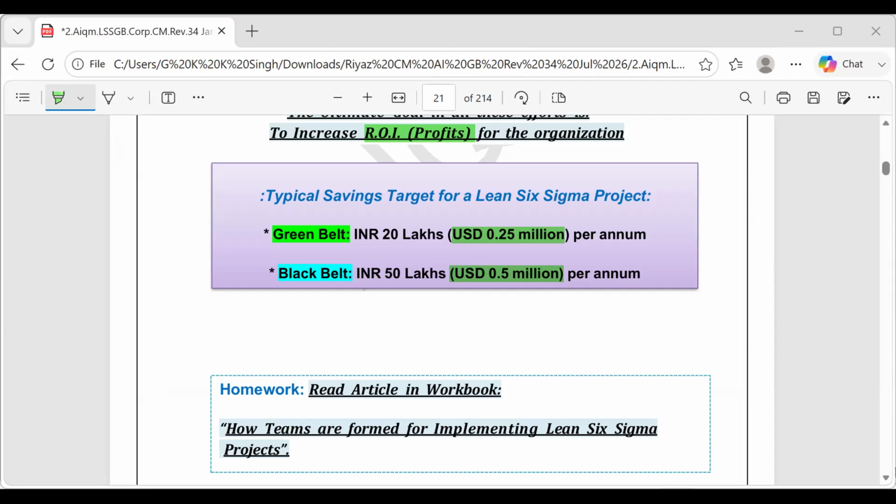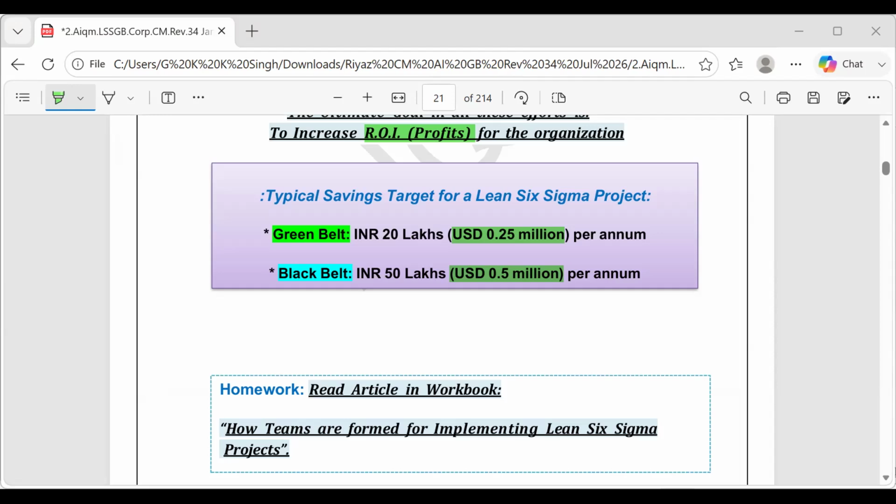And then because of the increase in productivity, the additional recruitment which they wanted to do in the next year was avoided. So that added to the cost saving of another 225.22 million. So total benefit out of this project was 2.1 million riyal. There were 2 black belt team members who worked together on the project.